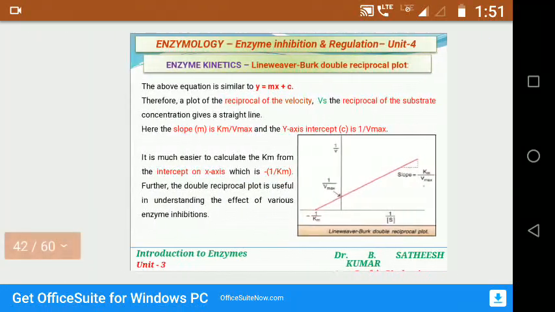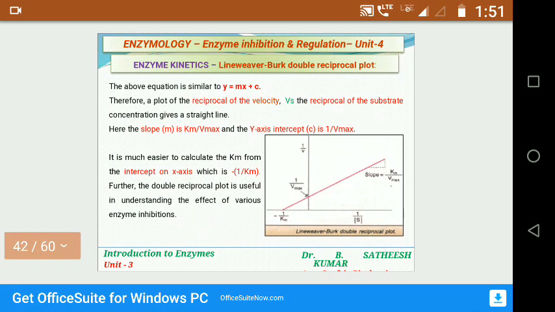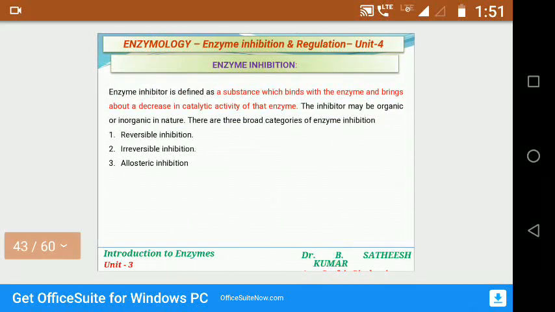For that, we use the LB plot to accurately measure the Km value. Km value is nothing but the affinity of the enzyme towards the substrate. If Km is more, affinity is less. If Km is less, affinity is more. By using the LB plot, we can accurately measure the Km value as well as the Vmax value.